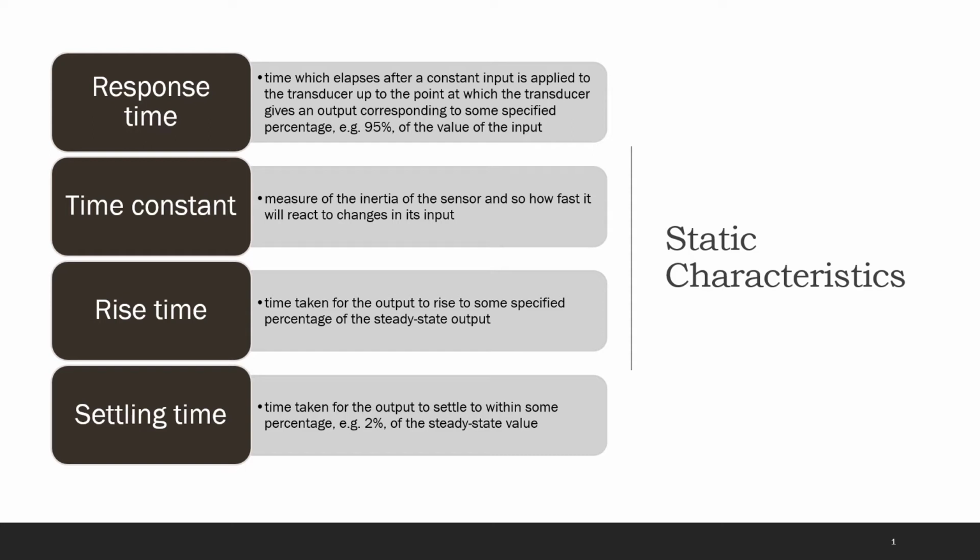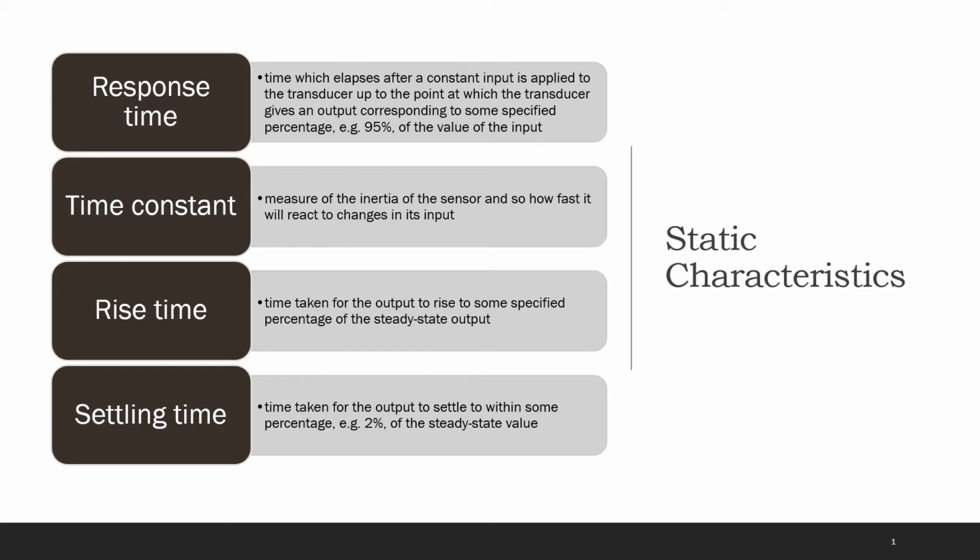That time gap between dipping the tip of the thermometer and the thermometer showing the final value is known as the response time. Usually it is measured from the initial point to 95% of the final output value.